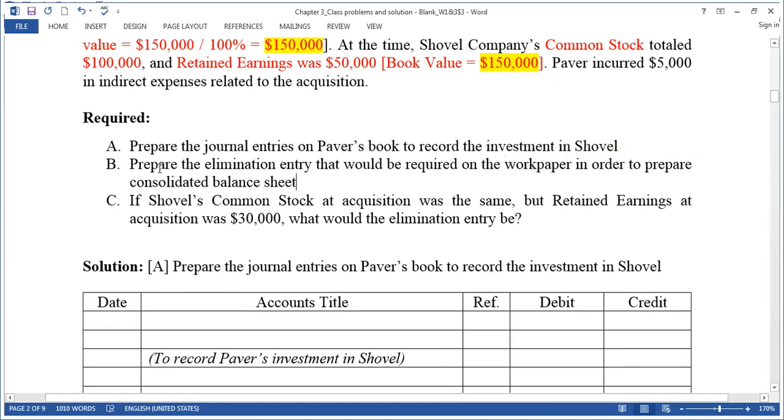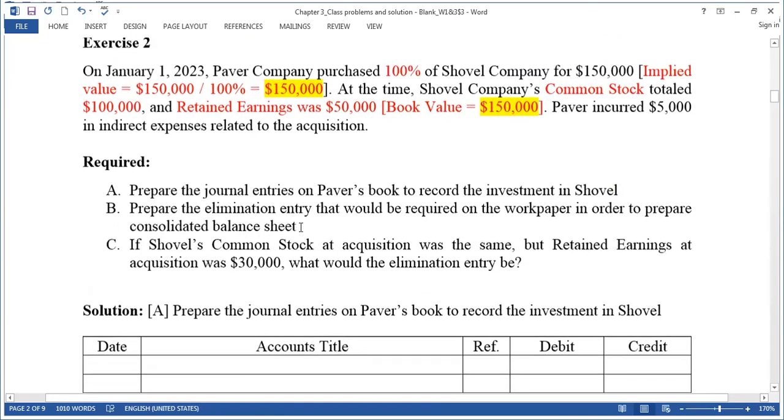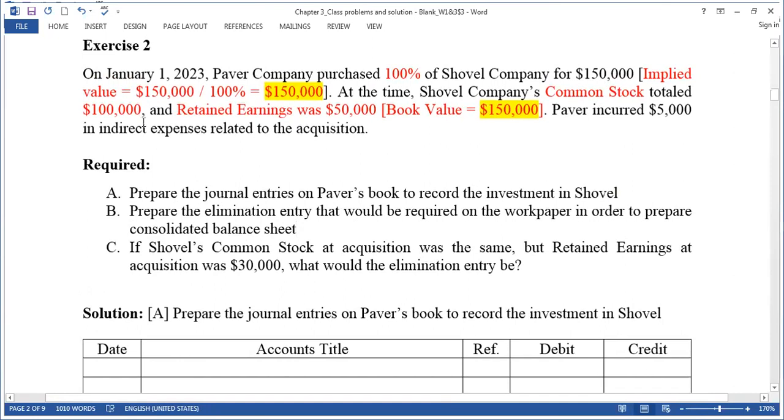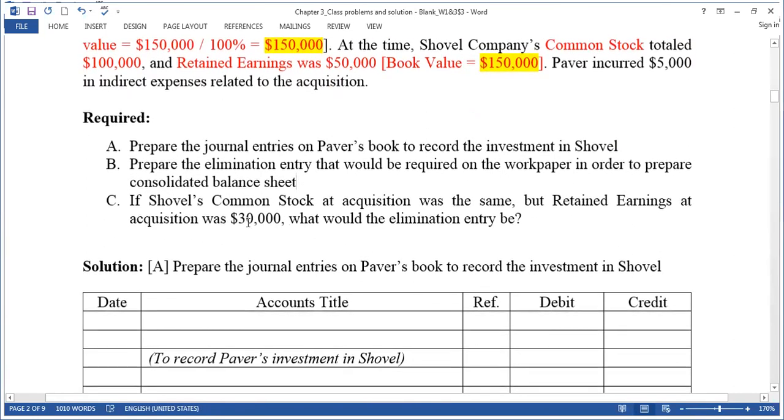This is for requirement B, and requirement C says that if Shovel's common stock at acquisition was the same, but the retained earnings is different. Previously, common stock $100,000, retained earnings $50,000, so book value is 150. Now requirement C says common stock is the same amount, but retained earnings is only $30,000.